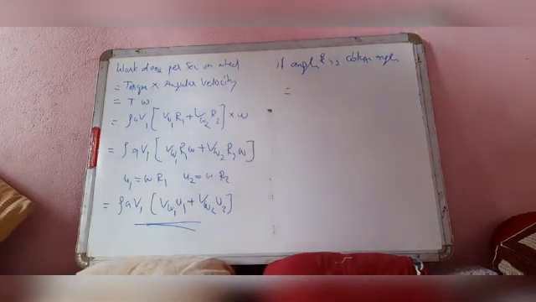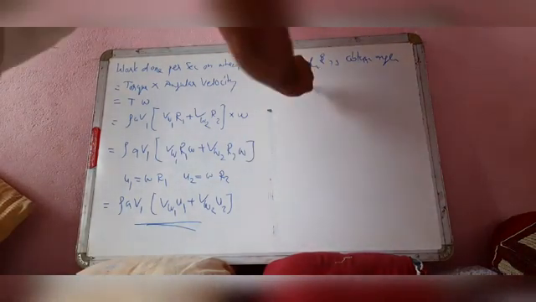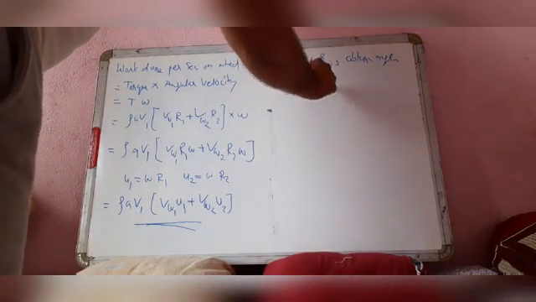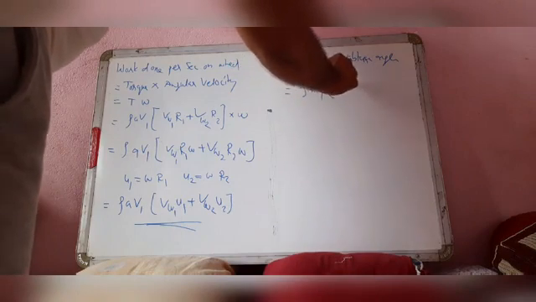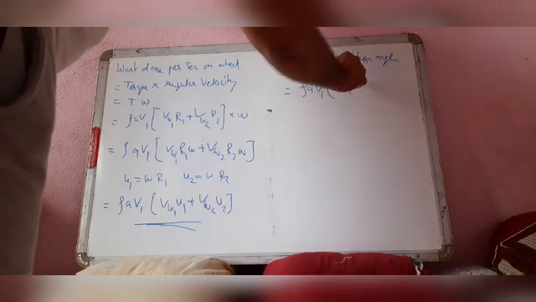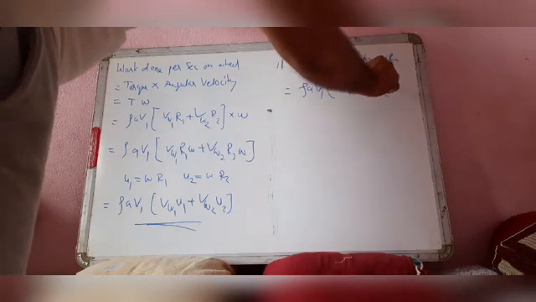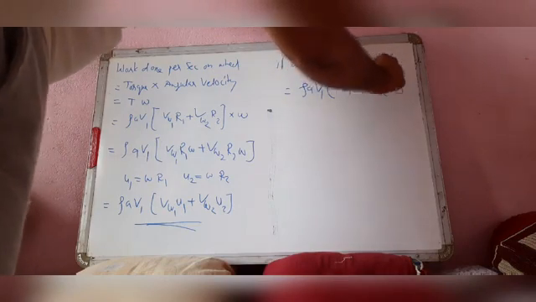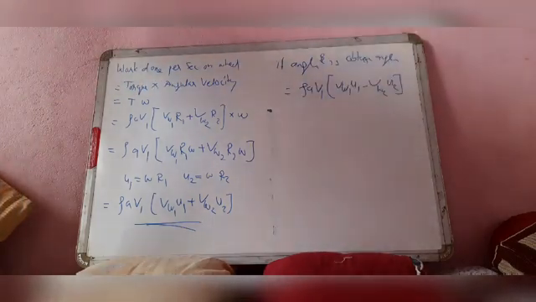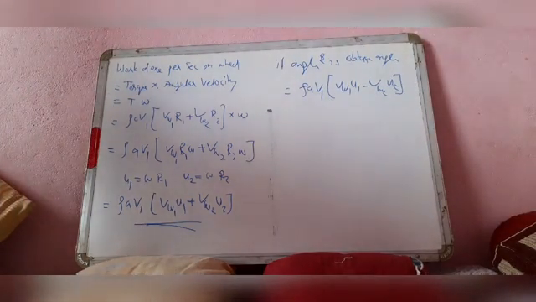Work done will be equal to rho A V1 into (V W1 U1 minus VW2 U2). This is the equation for when beta is an obtuse angle.